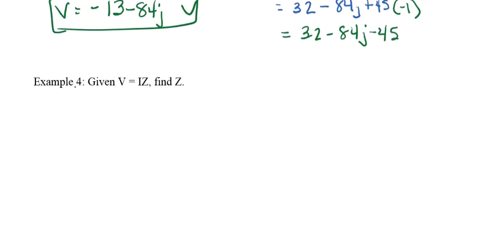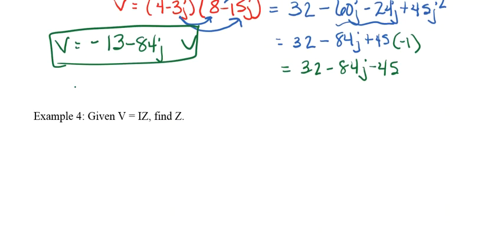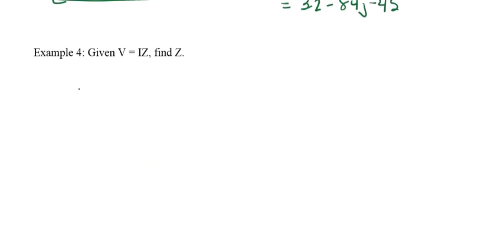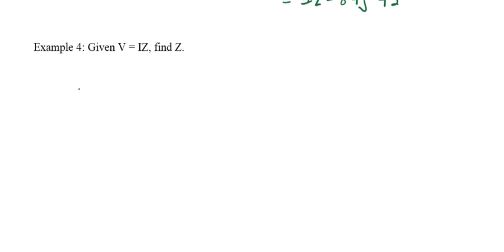So in example 4, it's the same formula, but we're being asked to find a different part. I didn't write these in because I couldn't write how to do it in the equation writer.